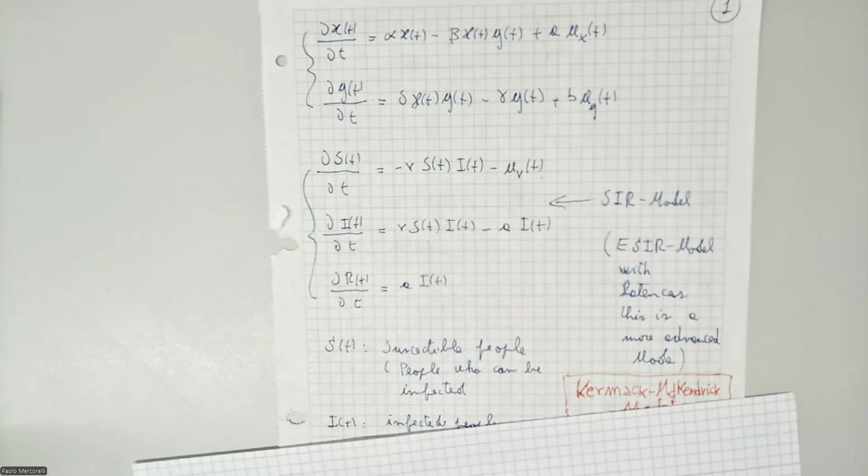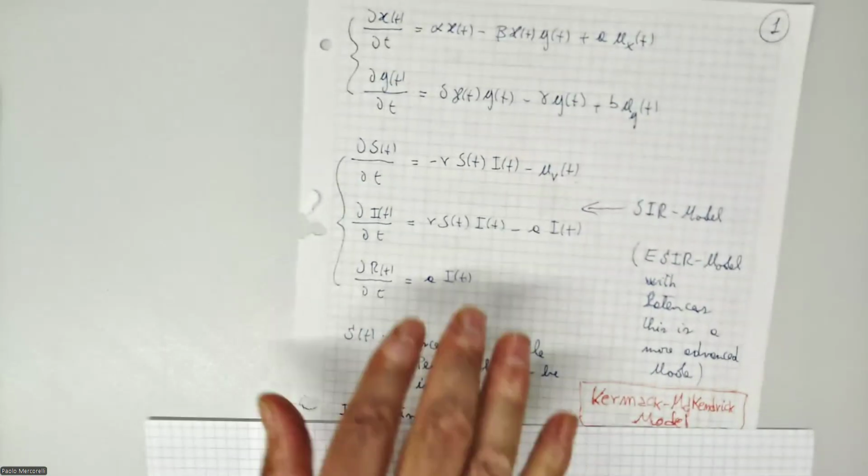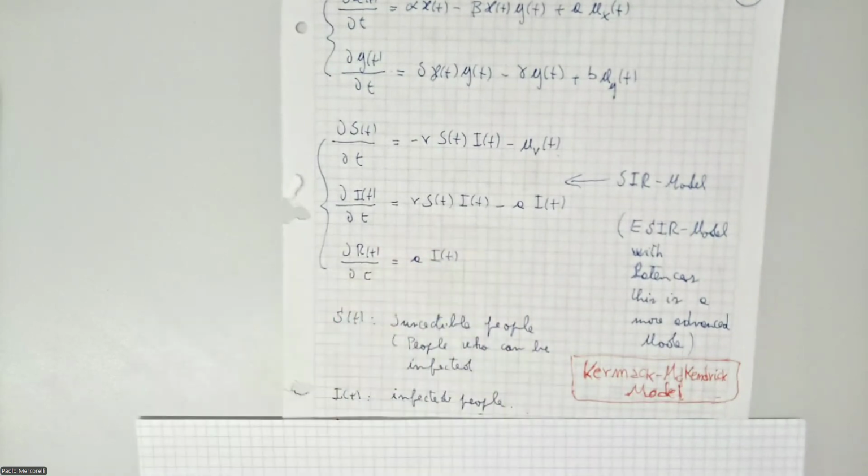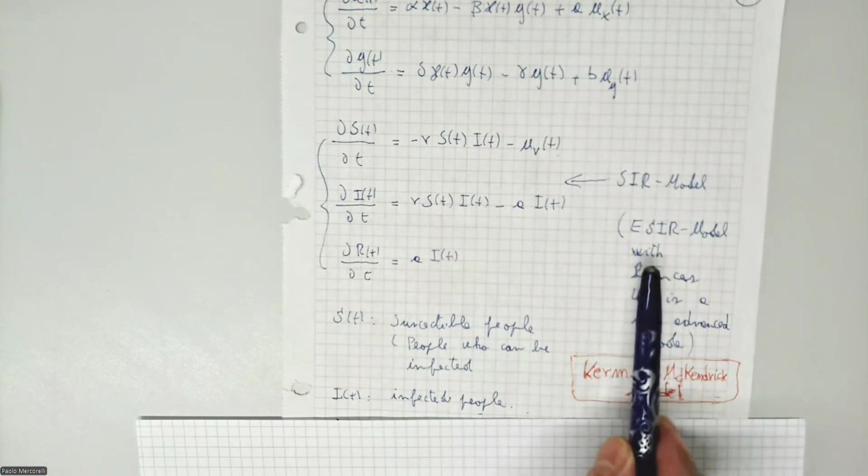But if I try to explain something, in particular, this does not come from me. Look here, this is the Kermack-McKendrick model, which is used also today in COVID. It's a simplification, but still effective. It can be used in any case. There are also more complex ones.